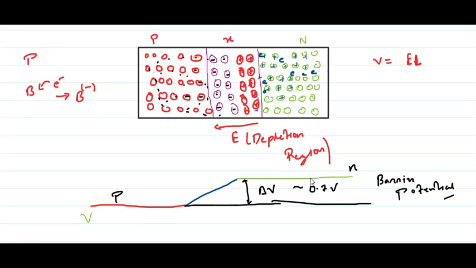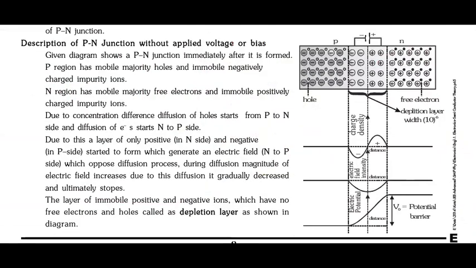Now, everyone understood what is PN junction? Prashant, there is no electric field in P type or in N type. Harsha, they move randomly.